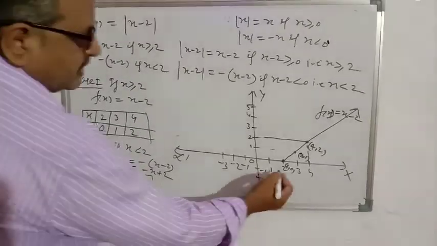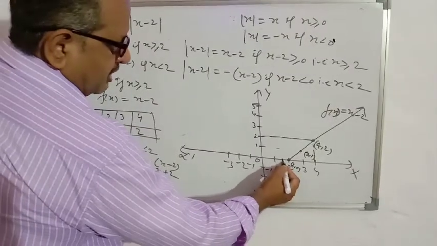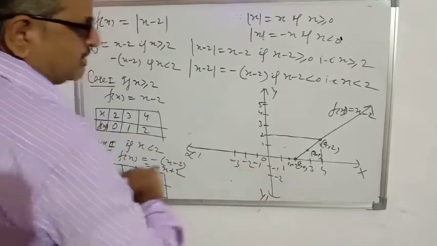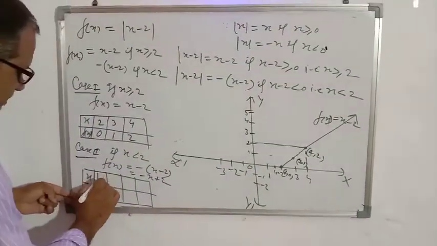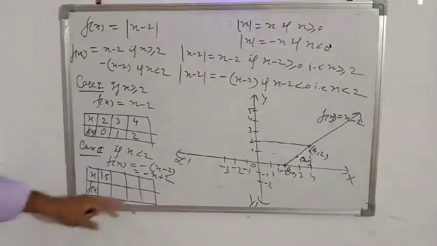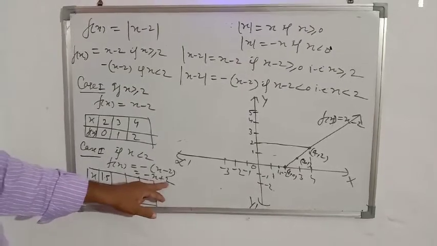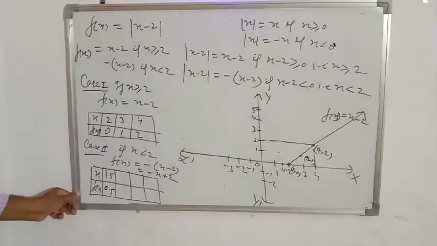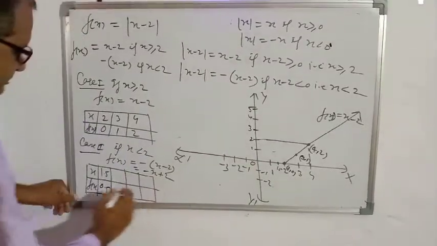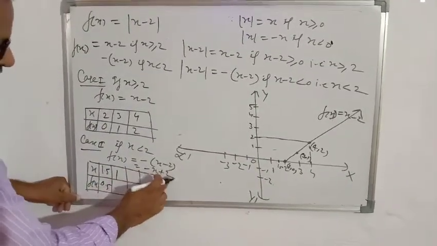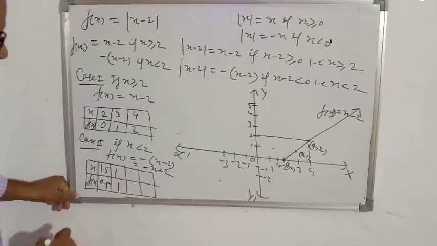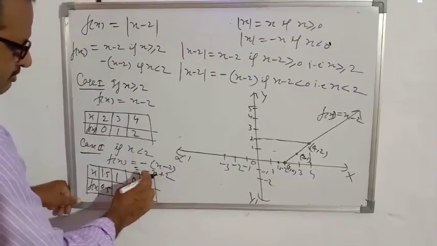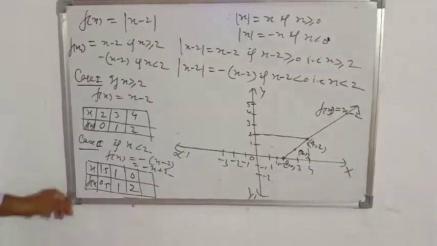So less than 2 means we can take 1.5 here, 1, 0, minus 1, minus 2, like this. If x is 1.5, minus 1.5 plus 2, 2 minus 1.5, it will be 0.5. Take x is 1, minus 1 plus 2, 1. x is 0, minus 0 plus 2, 2.